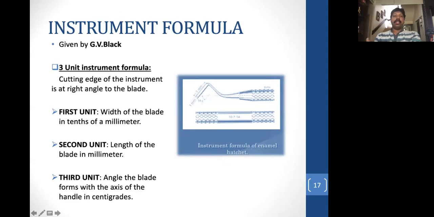You remember this. First unit is what? Width of the blade in tenths of a millimeter. See, here the instrument formula is given. The width was 1 mm, right? What did I say? In tenths of a millimeter. It means for 1 you have to say 10. If it is 2, it will be 20. If it is 3, it will be 30. If it is 4, it will be 40.